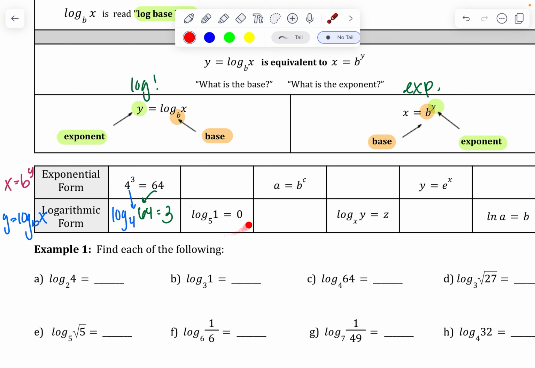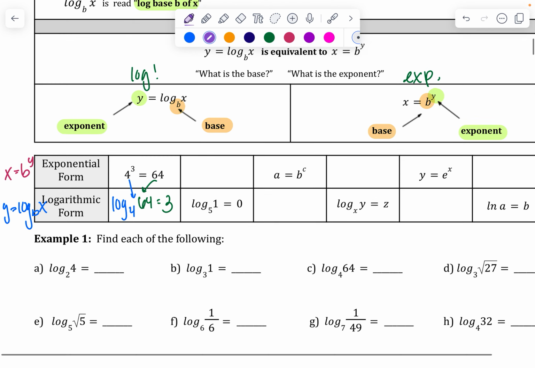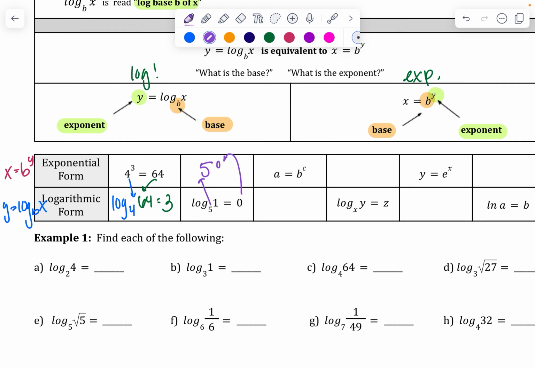The second example, we have log base 5 of 1 is equal to 0. So the base comes out, the 5 comes out. Then the 0 becomes the exponent, is equal to 1. And that's true. 5 to the 0th power is equal to 1. Anything to the 0th power is always equal to 1.